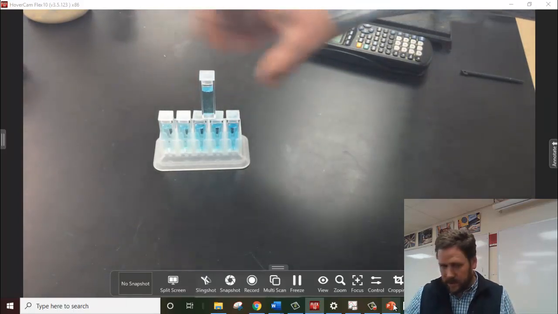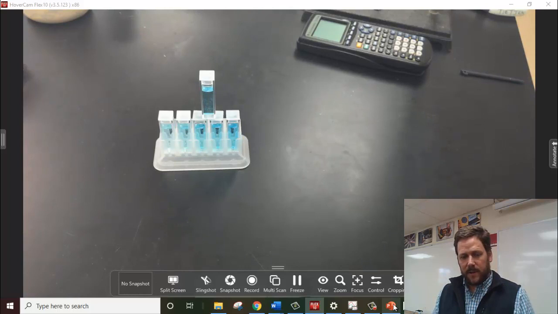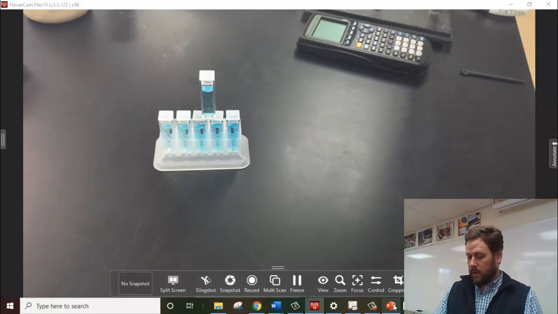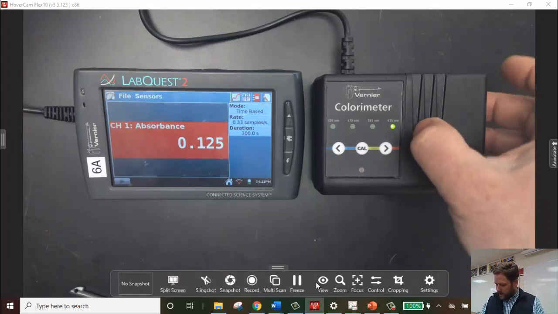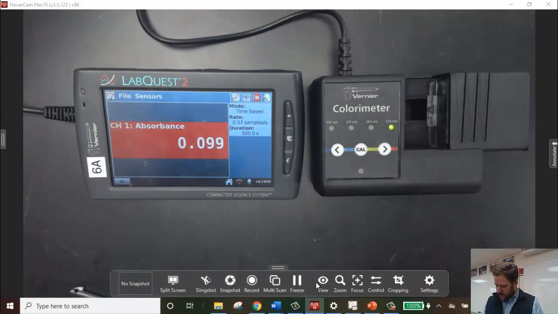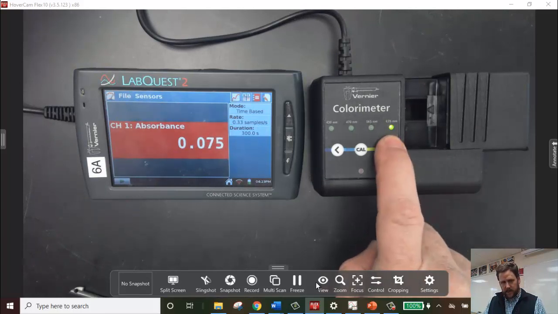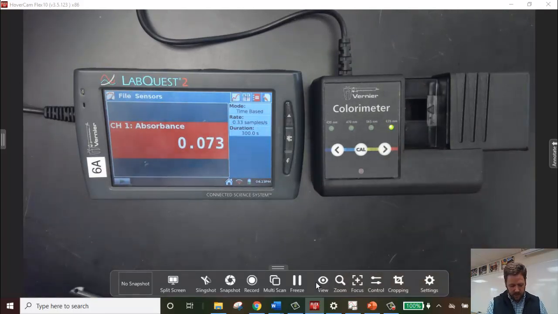But the spectrophotometer can do a better job of analyzing how much light is passing through and telling us what the concentration is. Here's how we'll use a spectrophotometer to generate a Beer-Lambert law graph. You may remember using a colorimeter in the fall, and we reasoned about the fact that I'm going to use a 635 nanometer wavelength red light in order to analyze this blue solution.